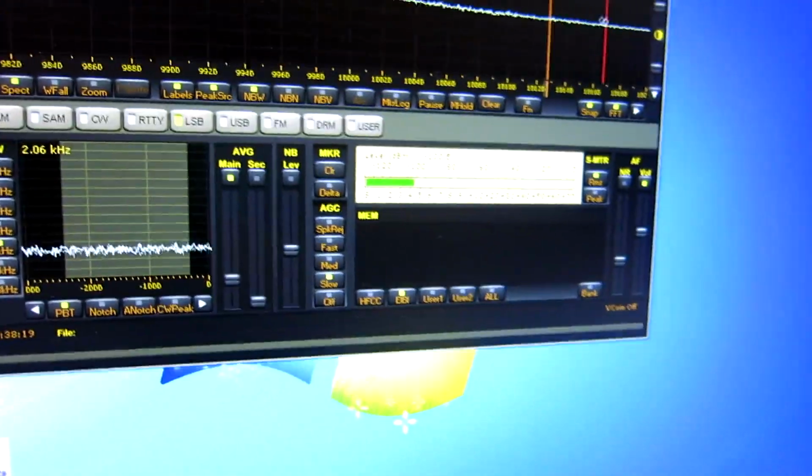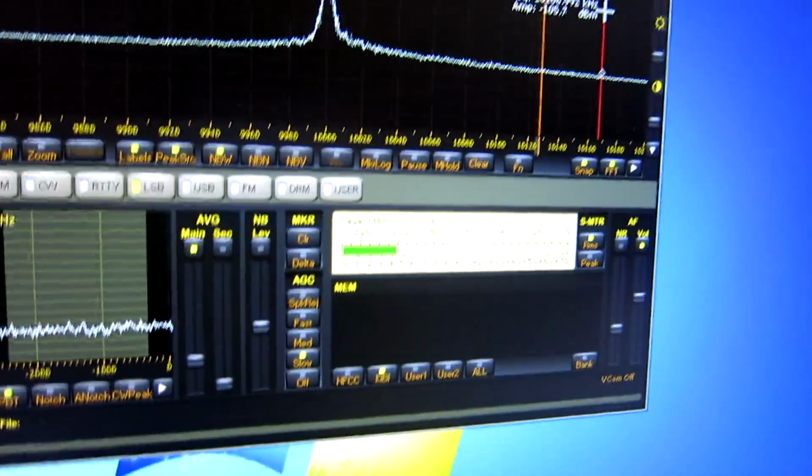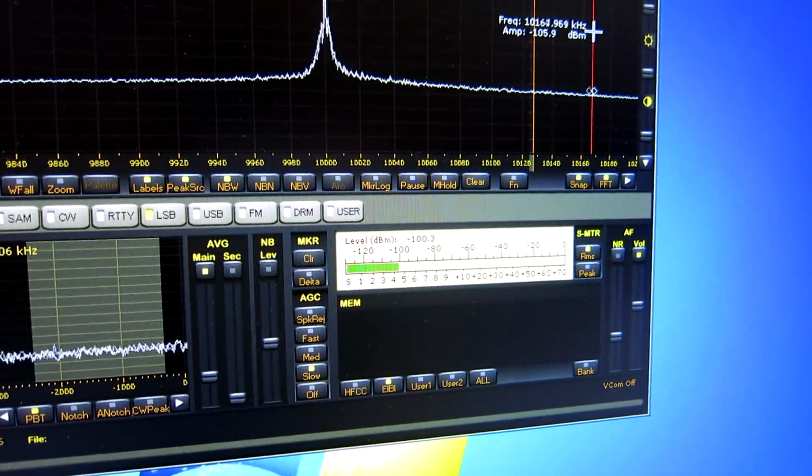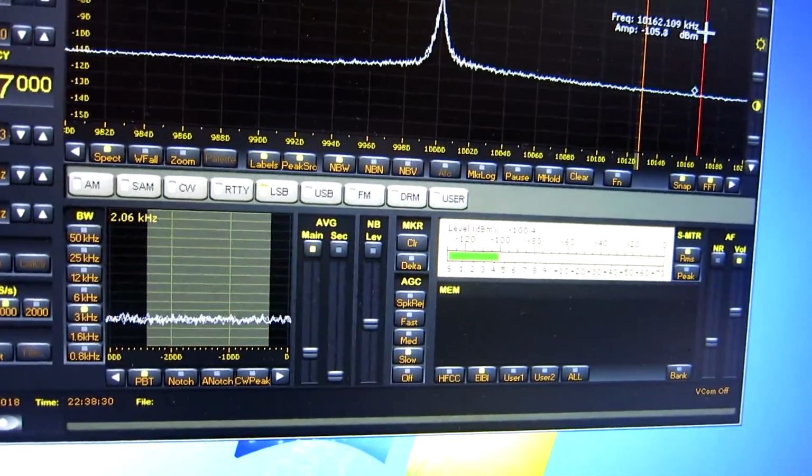Well, that's the limit of this generator. And I see noise. It's now minus 100 dB, but I don't see the oscillations.